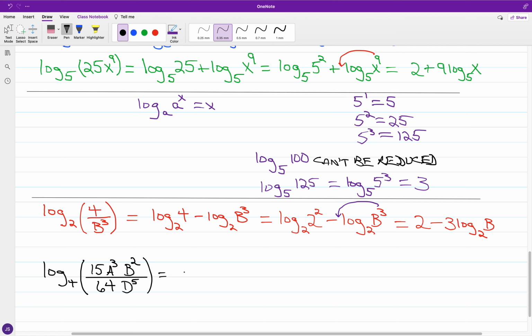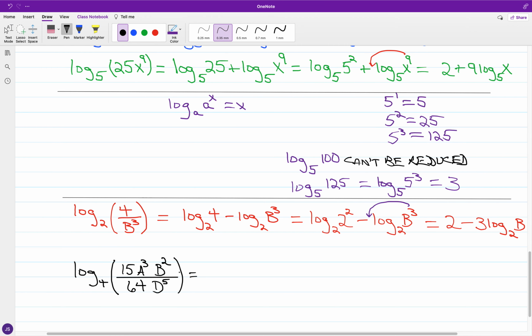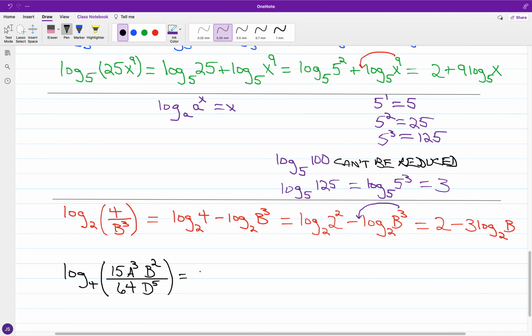You can put the terms in most any order, but usually what I like to do is take care of what is at the top first, and at the top, the attachments will be affixed to what will be positive logarithmic terms. So 15 is at the top, so we're going to have a base 4 logarithm of 15.